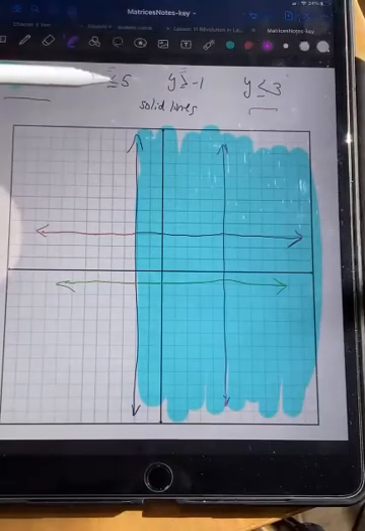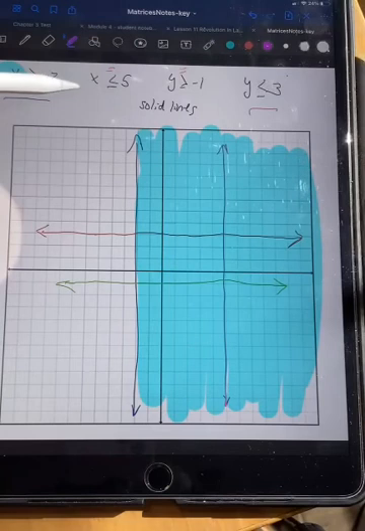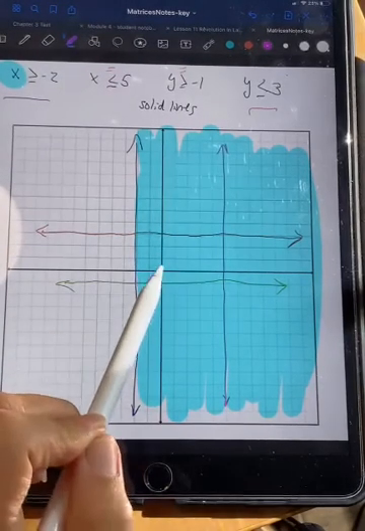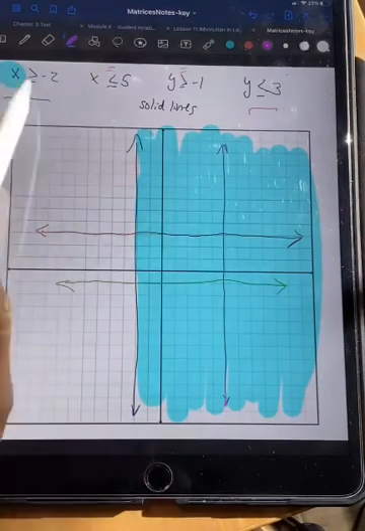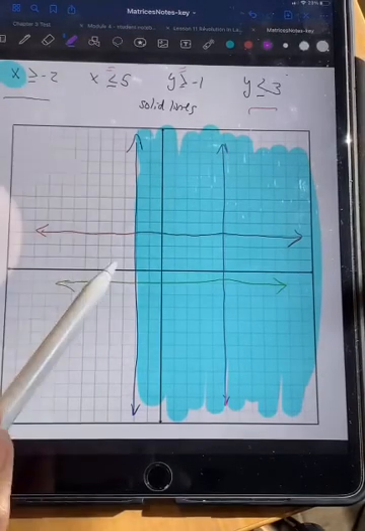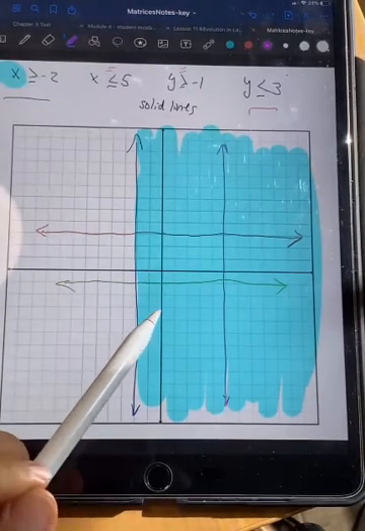Now remember, I just shaded over 0, 0 with my blue, so I'm going to check, is 0 greater than -2? Yes, 0 is greater than -2. I should have shaded over that.